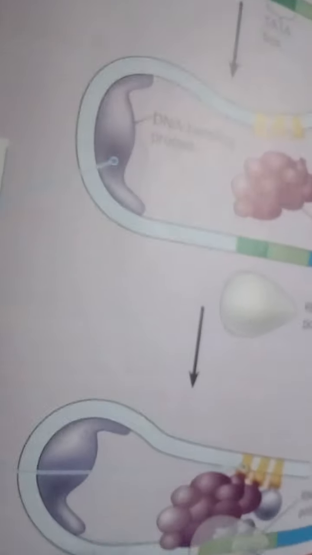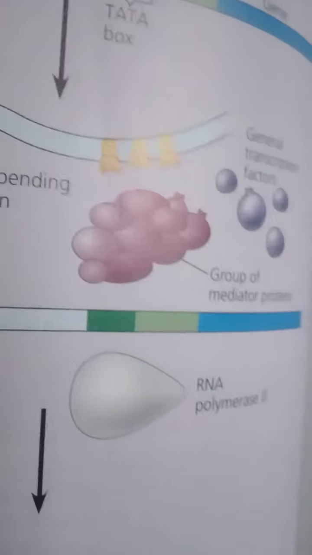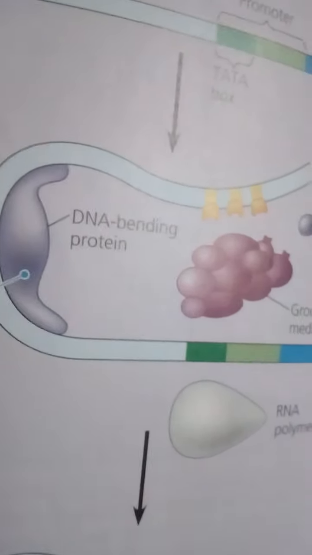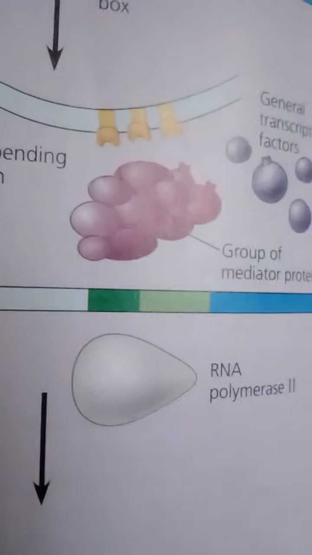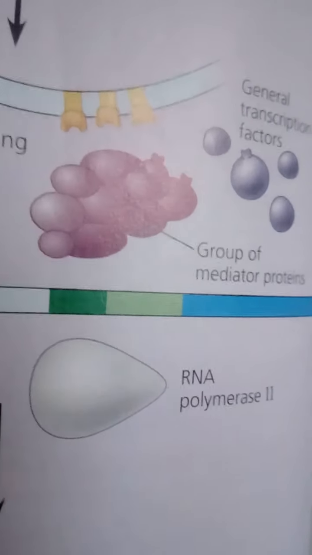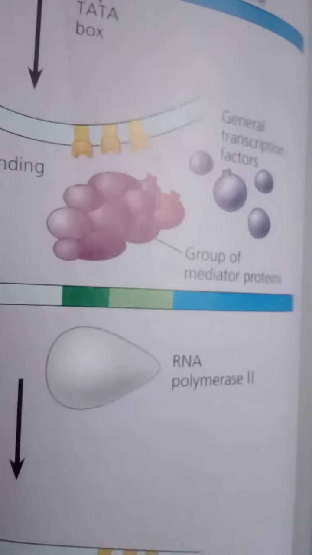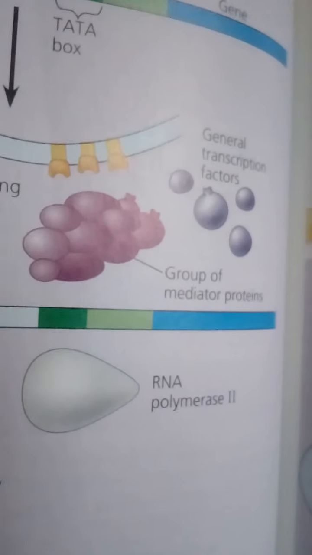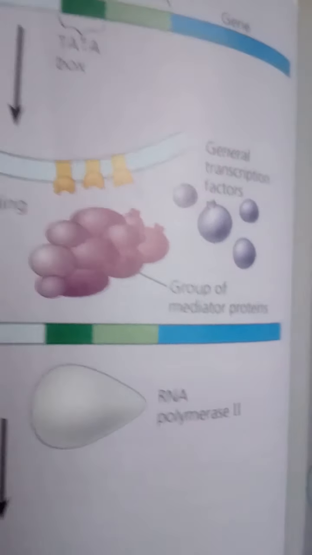Other transcription factors, mediator protein and RNA polymerase are nearby. Notice also here RNA polymerase, RNA synthesis, and the transcription initiation complex. At this stage, the activators bind to certain general transcription factors and mediator proteins, helping them form an active transcription initiation complex on the promoter.